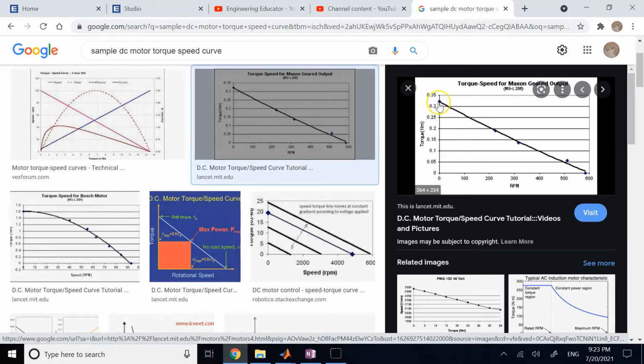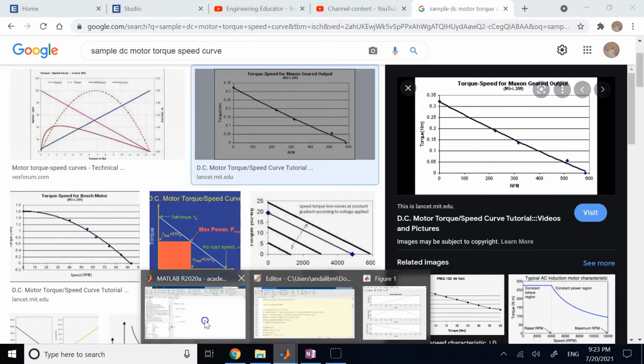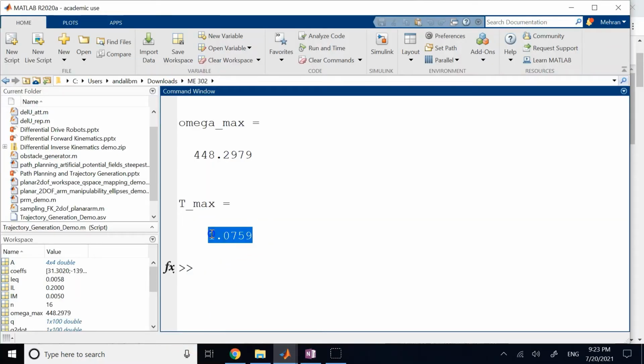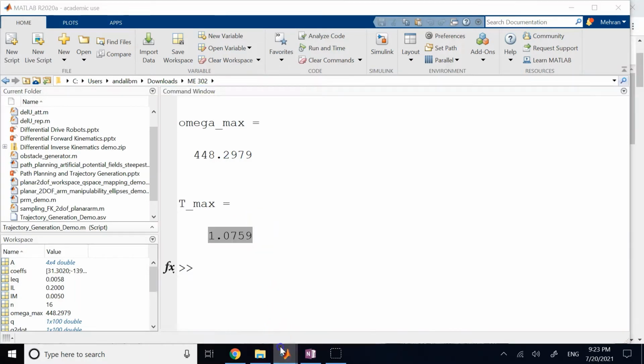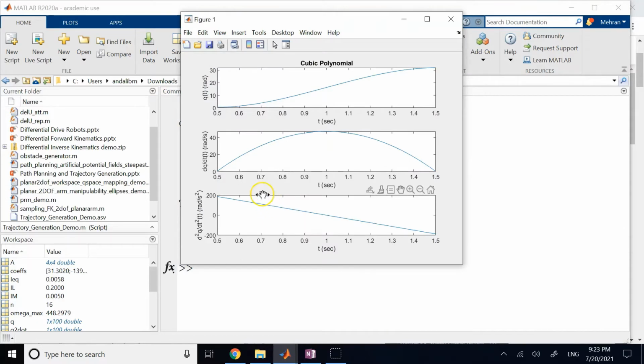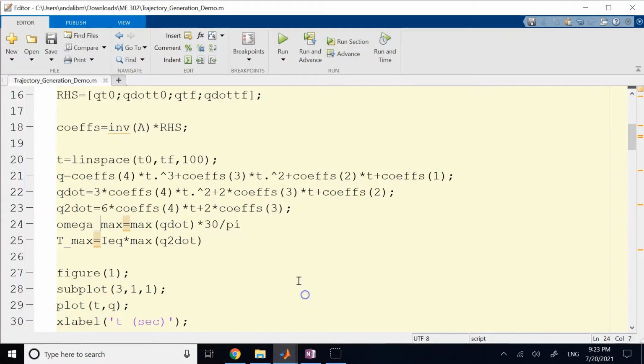And now if I look at the maximum torque, which we call the stall torque for this DC motor, it is something like 0.32, 0.33 Newton meters, while here you can see 1.07, which is about 3 times bigger or more. So definitely, if I want to achieve this motion, it's not going to be possible, right? It is not going to be possible.